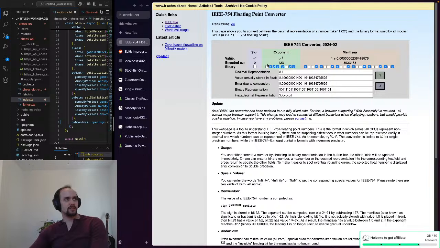This is a 16-bit float. Now, this is the actual value that's stored. This is the error. So, despite the interpreter telling us that this is what is stored, it tells us that this is what is stored.